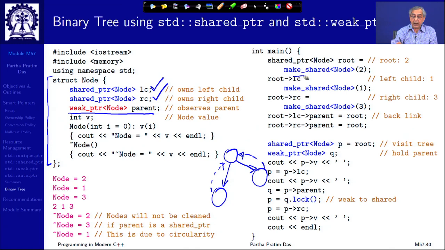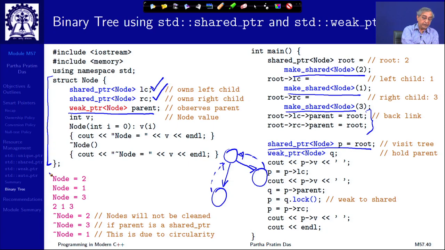And then you can make a root, set the left child of the root, the right child of the root, set the parents of both the children, and you can just create another shared pointer to the root, and using that shared pointer you can check the values.